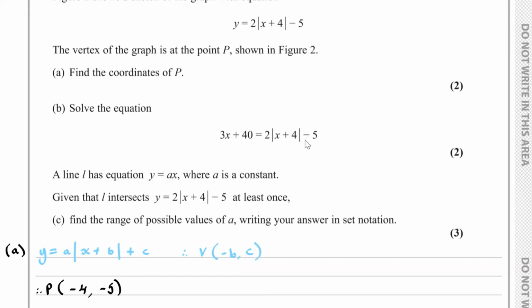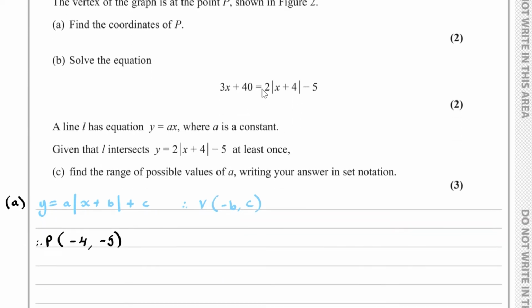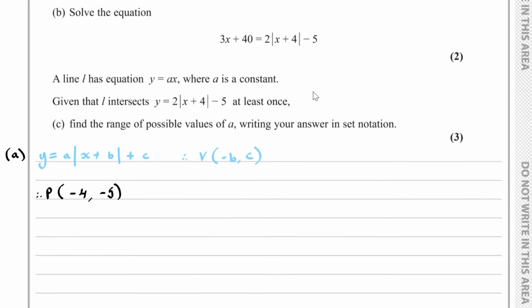For part B of the question, we have to solve the equation 3x plus 40 equals 2 lots of the mod of x plus 4 minus 5. So, first of all, if we write this equation down, we have 3x plus 40 equals 2 times by the mod of x plus 4 minus 5.